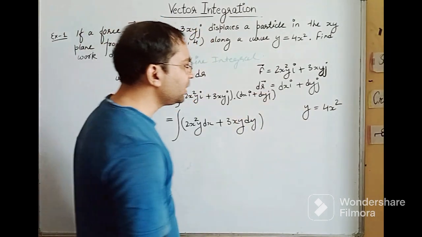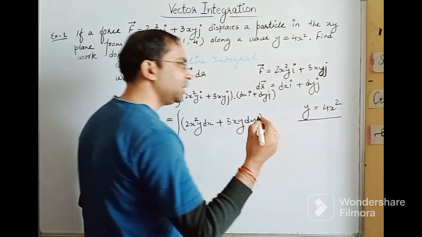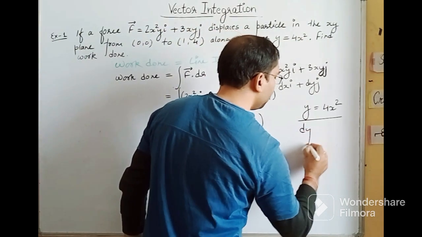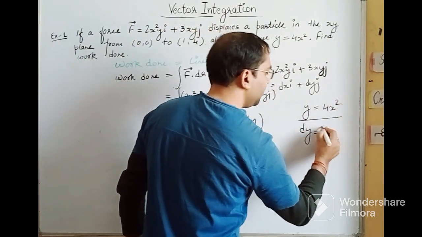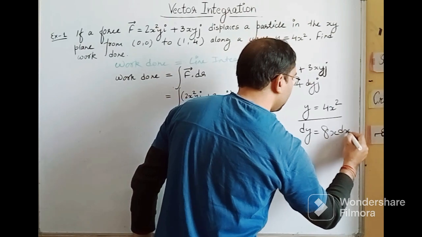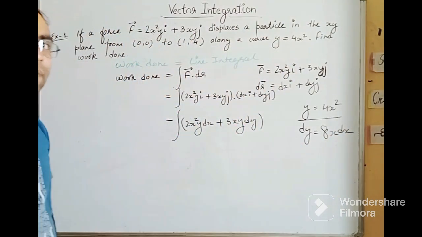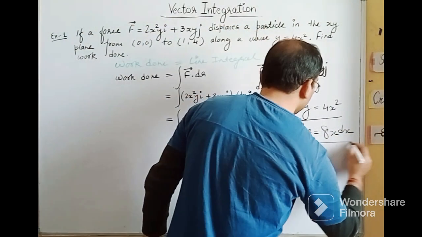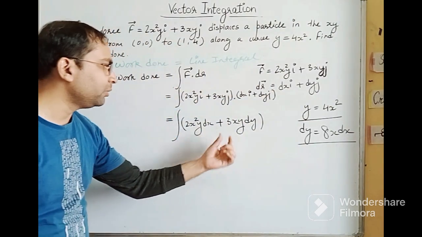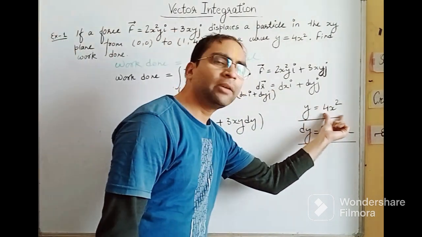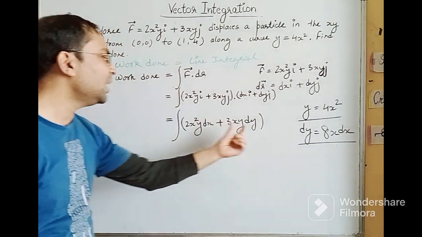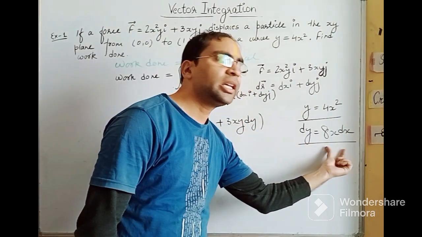We will differentiate this equation, so dy is 8x dx. This differentiation will help us eliminate dy from the equation. So we will replace y by 4x square, and dy by 8x dx.